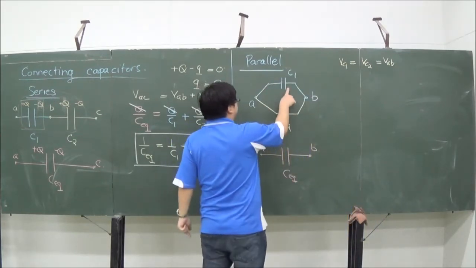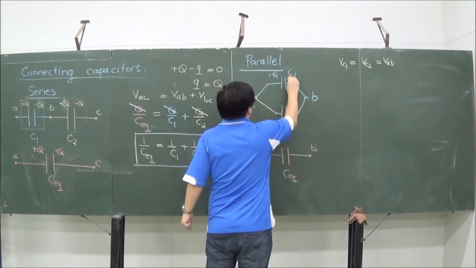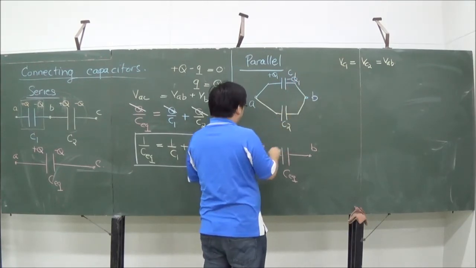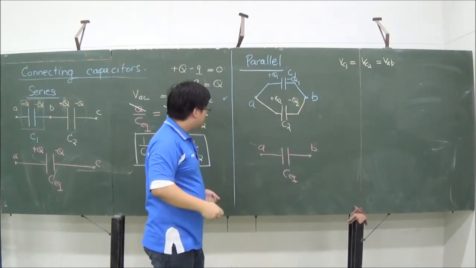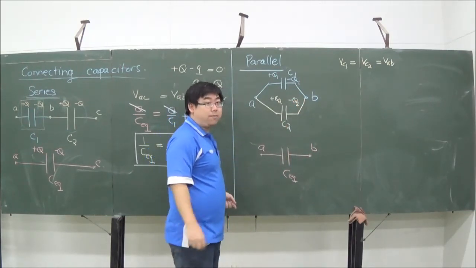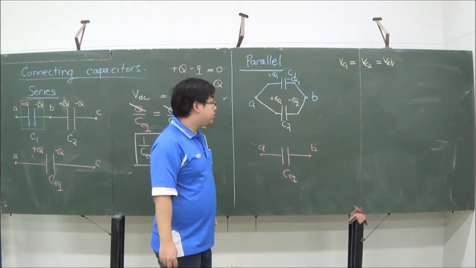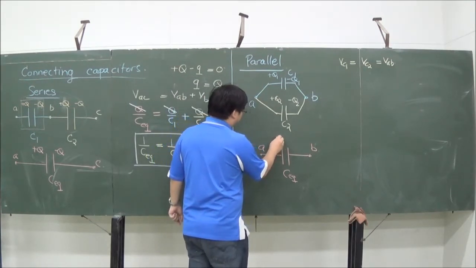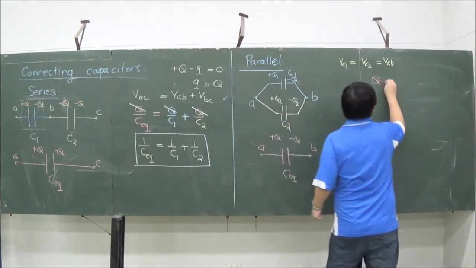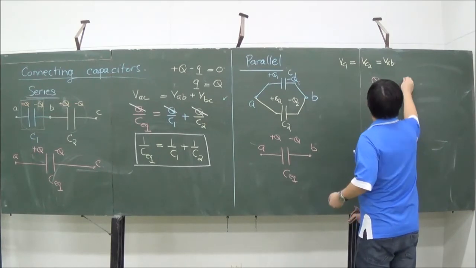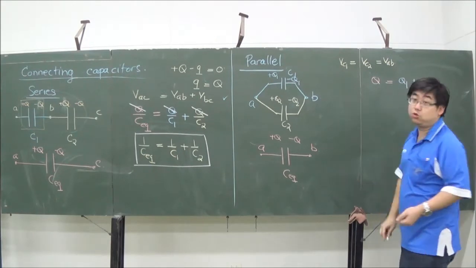If C1 has the charge plus Q1 minus Q1 and then C2 has plus Q2 minus Q2, that means the equivalent capacitor must give the same result, so it holds the total charge Q and minus Q, where this Q equals Q1 plus Q2.